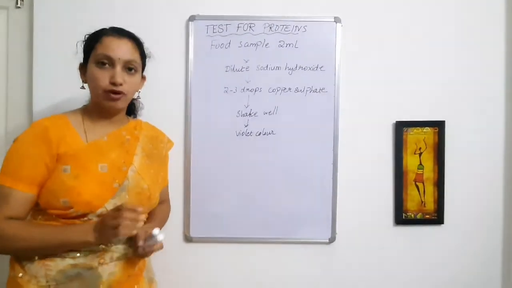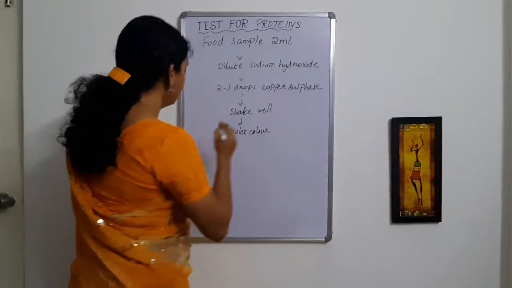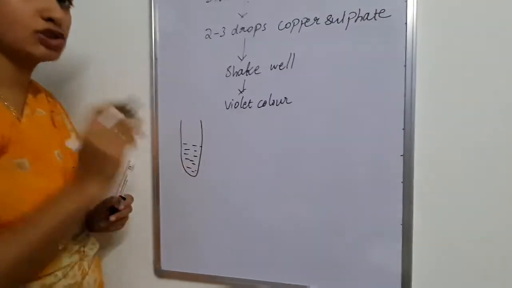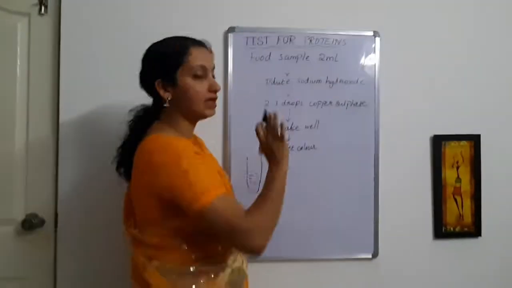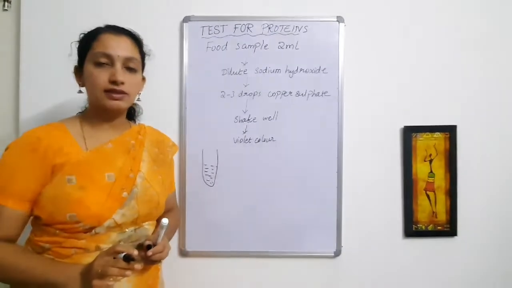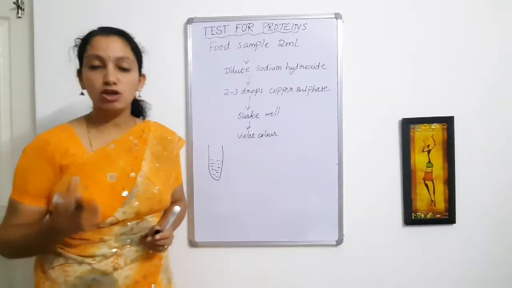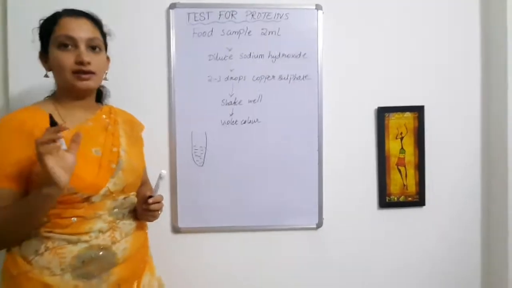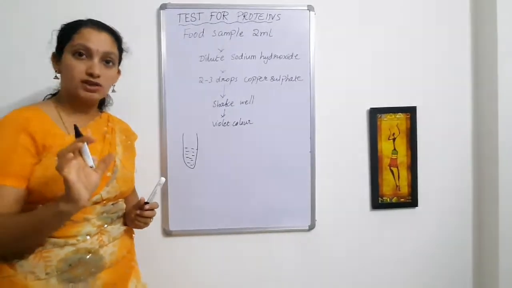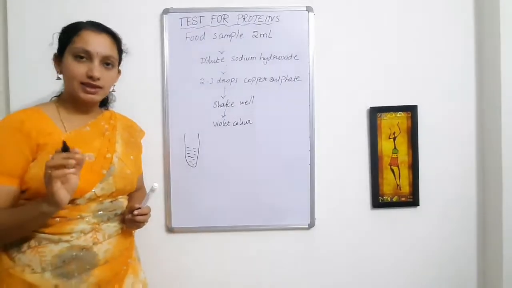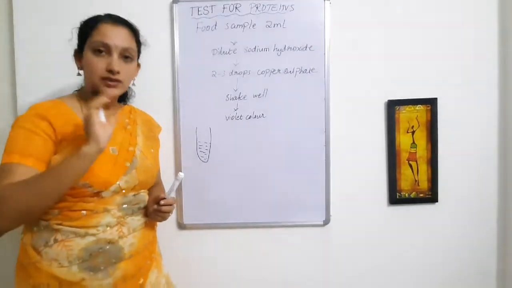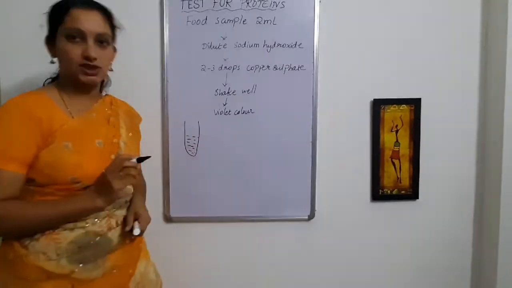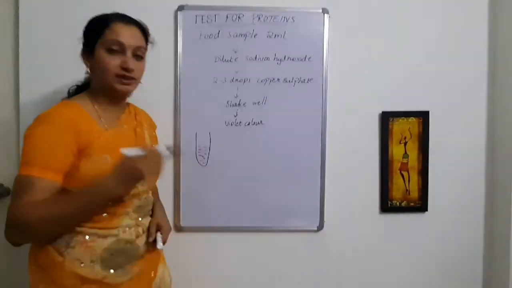If it is in liquid form like milk, you can take it directly in a test tube, 2 milliliter. The quantity should be only 2 milliliter. In case you want to test some solid sample like groundnut or any other nuts, or any other solid sample which contains proteins, in that case crush it, mix with water, make a solution or liquid form, take only 2 milliliter. So now the sample is ready for testing.